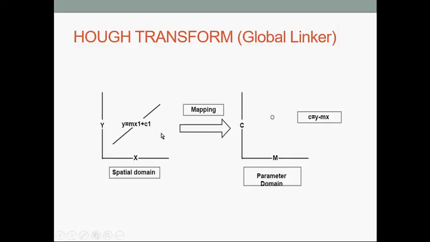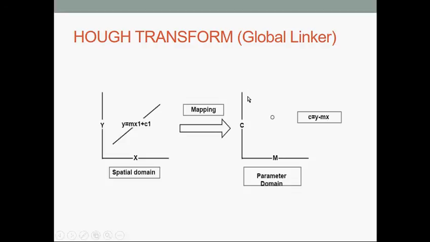Now there is a global linker called the Hough transform. Hough transform is used in all the line detection techniques nowadays. It is based on a simple concept that the spatial domain here shows a straight line. When I change this spatial domain into a parameter domain by changing the equation, this straight line changes into a point in the parameter domain.